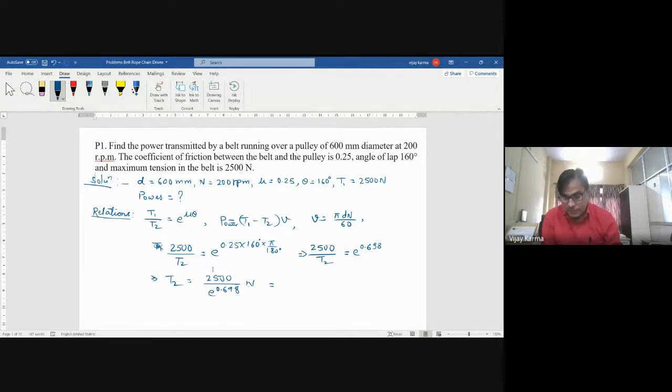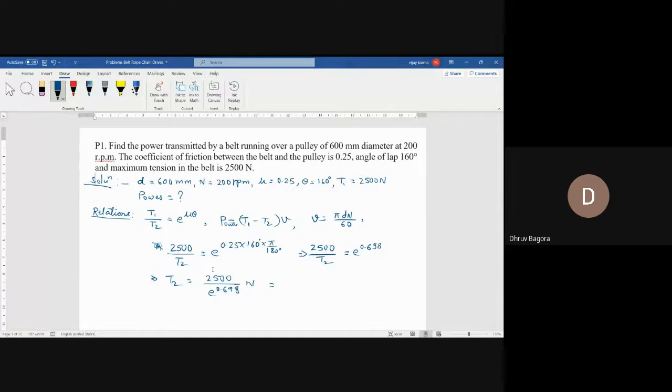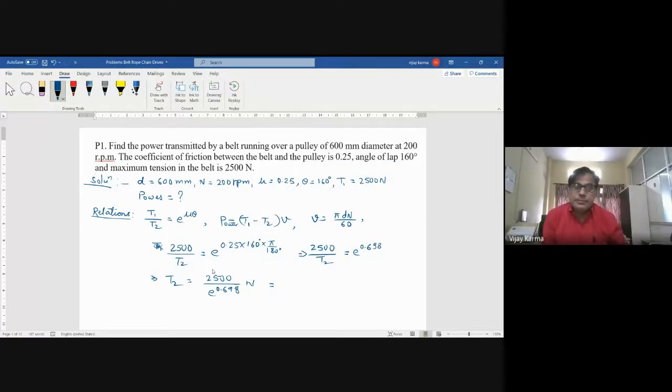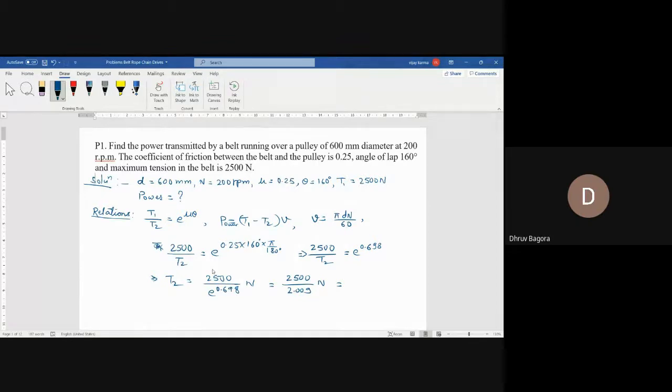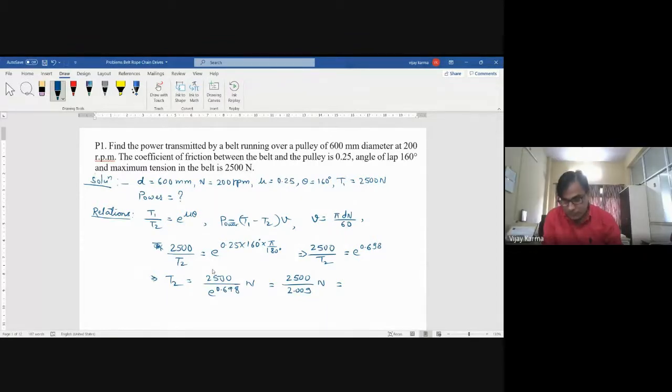Sir, 2.009. Okay, so 2500 divided by 2.009 Newton. So this T2 is equal to 1244.40 Newton. Okay, so this is T2.